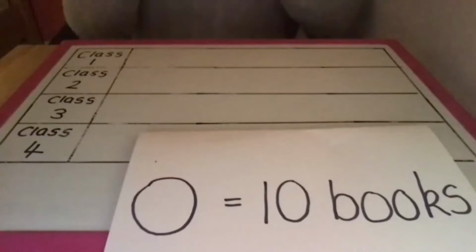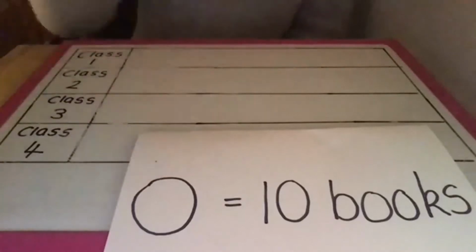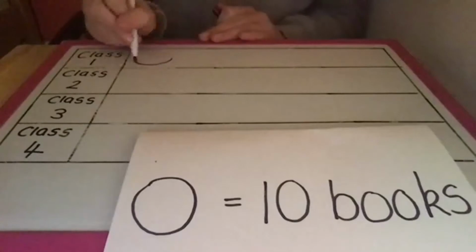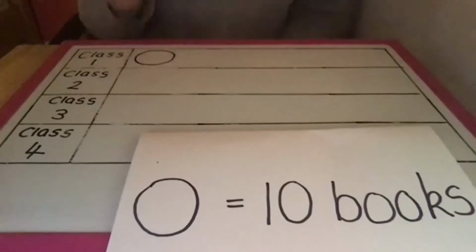Now, how many steps of 10 did I have to count to get to 20? Let me do it again. 10, 20. Yes, so I needed to count 2 steps. So if I know that one circle represents 10 books and that is 1 step, how many circles am I going to have to draw to represent 20 books? Well, let's find out. So I'm going to draw my first circle. And that first circle represents 10 books.